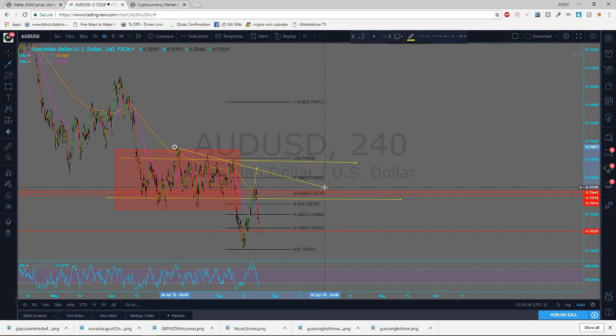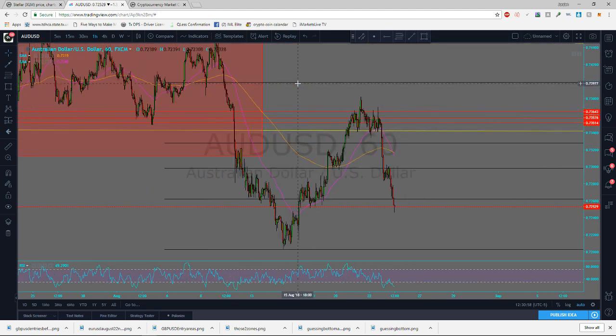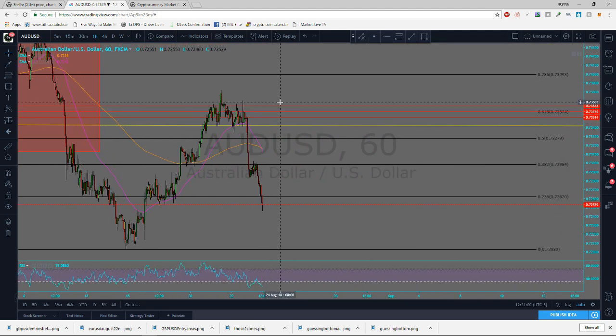You see how we can make this trend line make sense for price to keep going up? So what we want to do is see a reaction in that area.